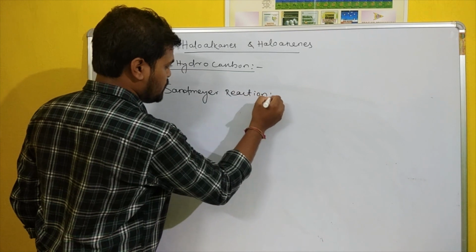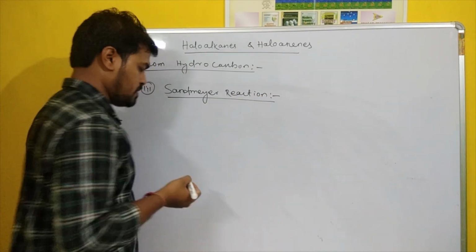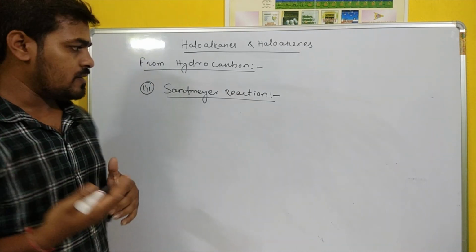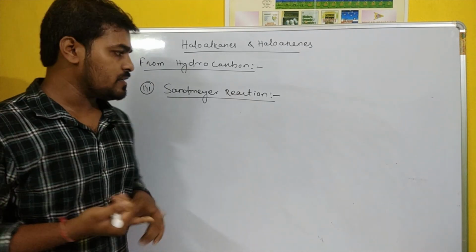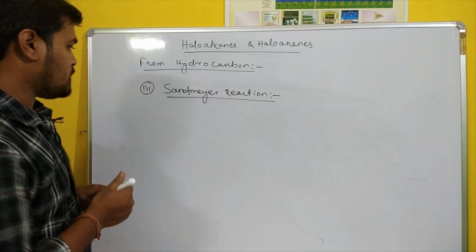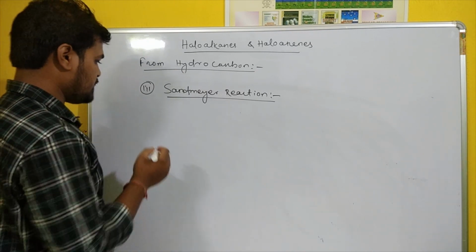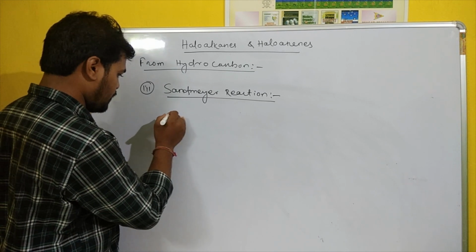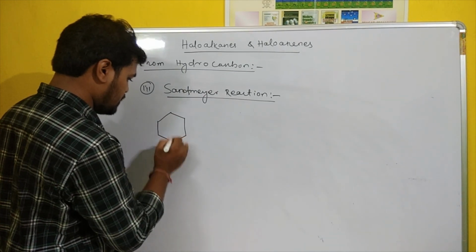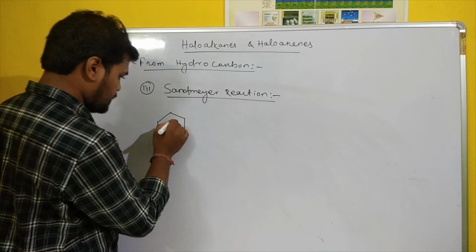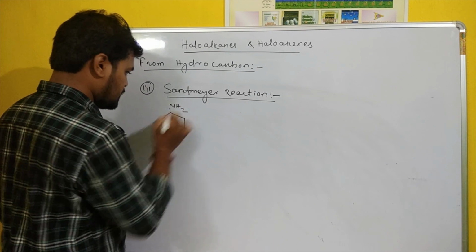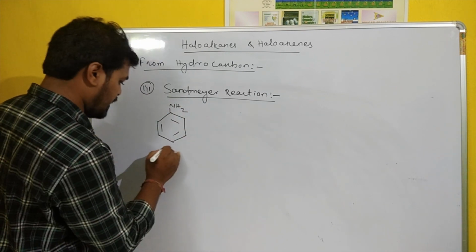It is a well-known reaction for the preparation of aryl halides and allyl halides like allyl iodides, allyl bromides, and allyl chlorides. Okay, so this reaction is started from a primary amine. So this compound is called aniline.